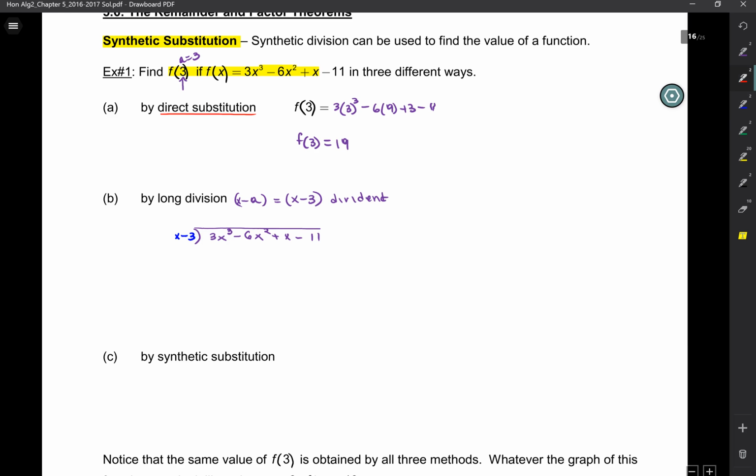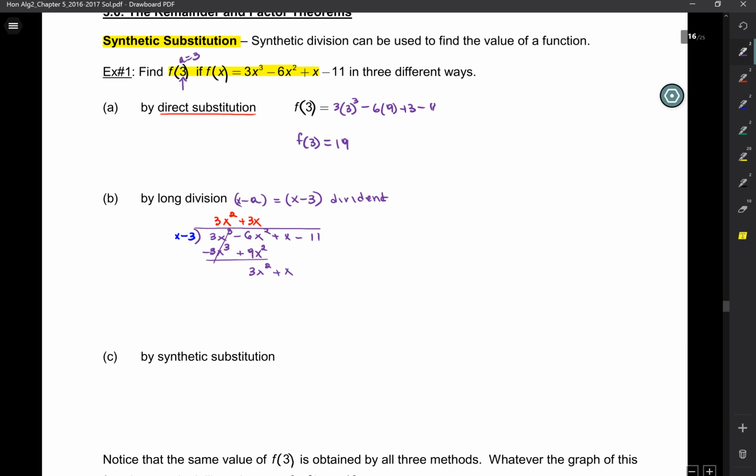Now, let's divide this. So first it's going to be 3x cubed over x. That gives me 3x squared. I multiply, I get 3x cubed minus 9x squared. Now I'm going to subtract. So I have 3x squared plus x. All right, what's the next term in the quotient? 3x, positive 3x.